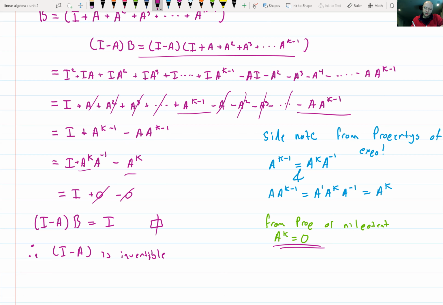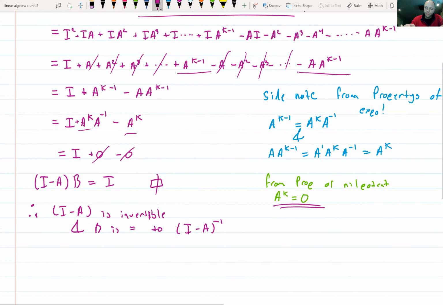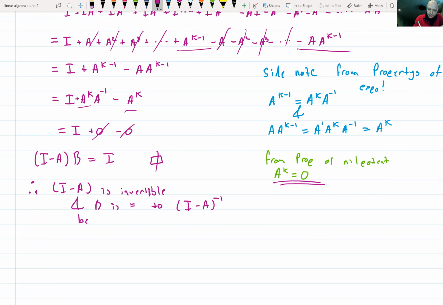Ideally, oops, that's how you spell it. Yep. And B is equal to I minus A inverse, because I minus A times B equals the identity. And that is going to sum up that proof.